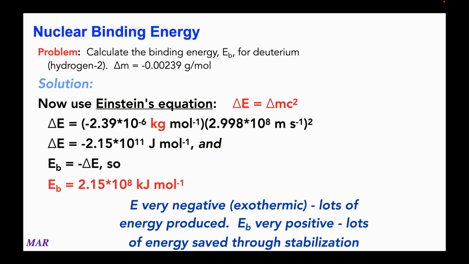So it's just an incredible amount of energy. In this positive version, they feel that's the energy saved through stabilization by the strong nuclear force. So it's a pretty massive effect. It's not just a minor effect, it's pretty big. I like to think of these numbers as the justification for why the elements form, because making energy is kind of like making money in our world. And that's a weird way to think about it, but it's true.